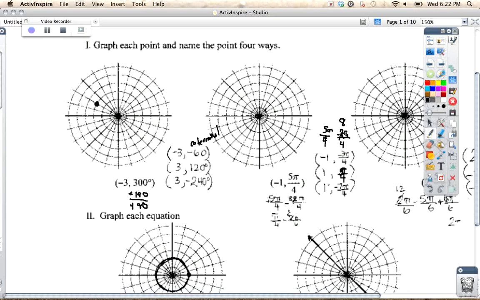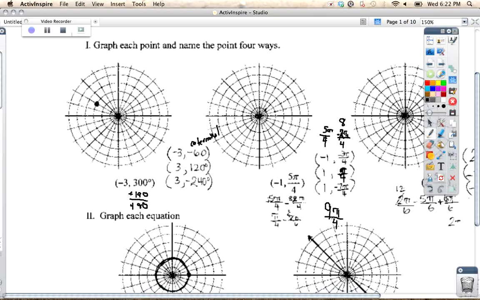Now for the positive ones, I'm going to take my original angle and add 180 degrees. If I look at 5 pi over 4, adding 180 degrees, or a pi, that's going to give me 9 pi over 4, and 9 pi over 4 is 1/4 pi more than 2 pi.